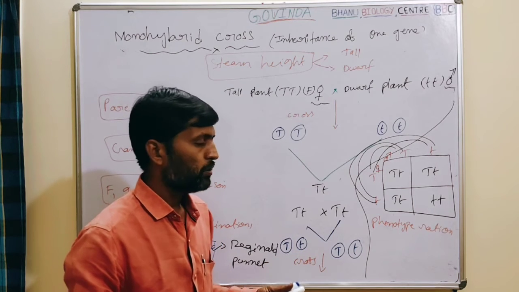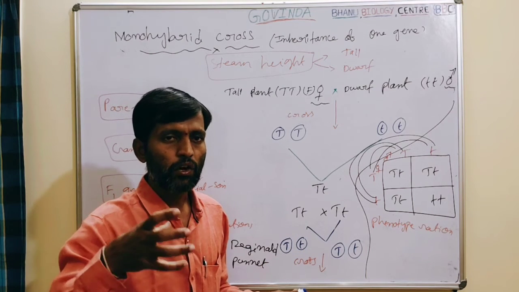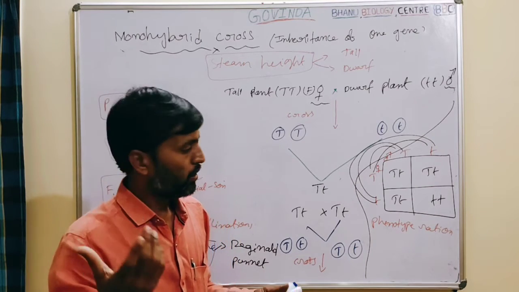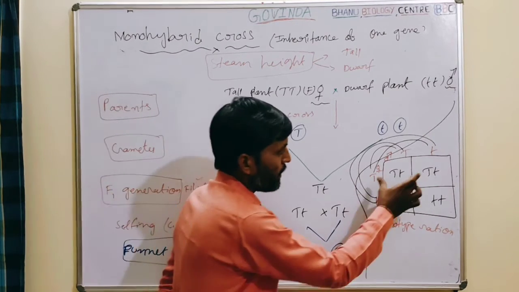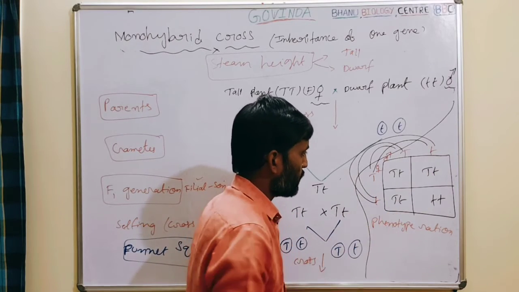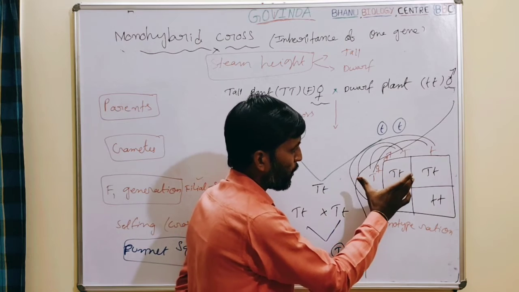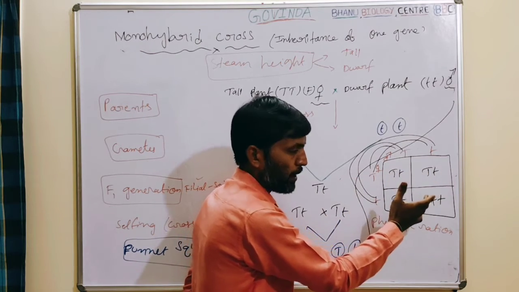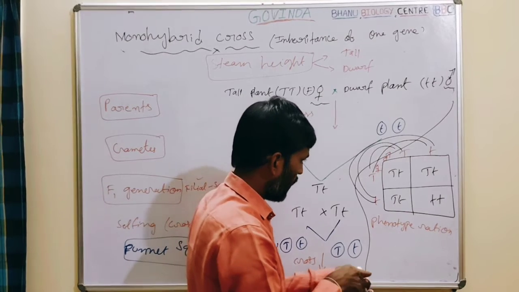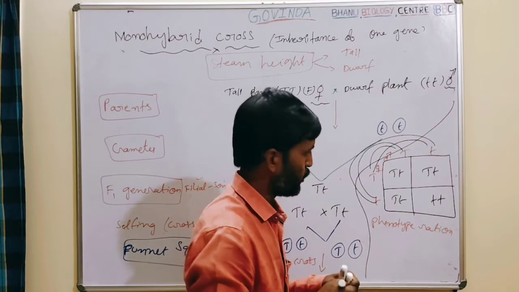Genotype means the genetic constitution or genetic makeup of an organism. So by looking at this Punnett square, we can easily write the phenotype ratio. How many plants are tall, how many plants are dwarf? So it is very easy to identify. Let me identify first, then write the ratio.